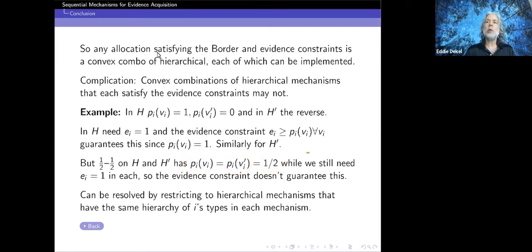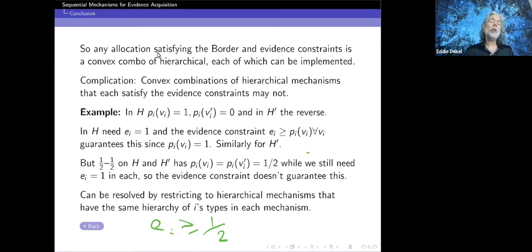But we still need to start with player I, because either we're going to H, in which case we're giving it to I, or we're going to H prime, in which case we're giving it to I. So either mechanism that we choose, player I has to be asked with probability 1. But the evidence constraint only tells us now EI greater than or equal to 1/2. It is not sufficient. So we have a problem. Border's result doesn't give us what we need.